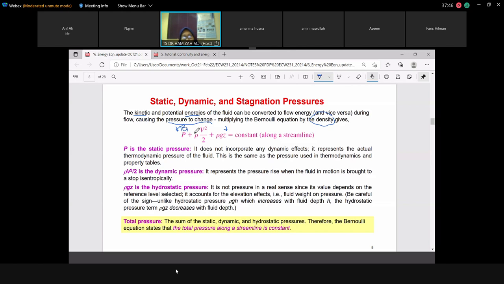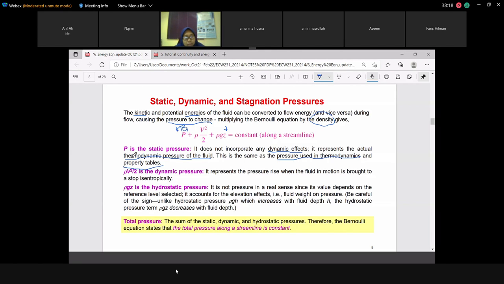It does not incorporate any dynamic effect. It represents the actual thermodynamic pressure inside the fluid. This static pressure is the same as the pressure used in the thermodynamics and property tables. So here with P, we are using the concept of static pressure.